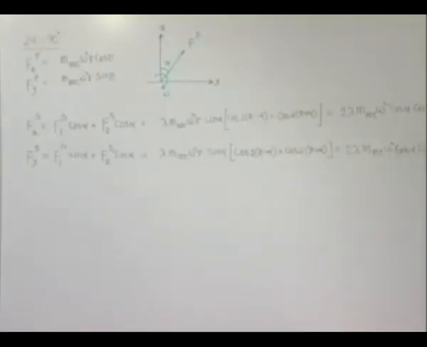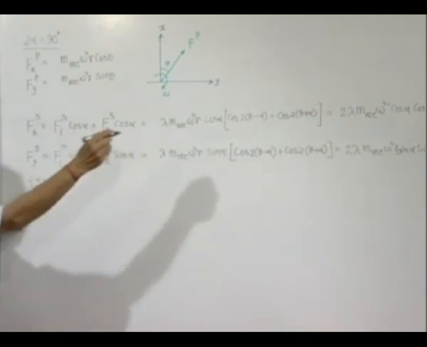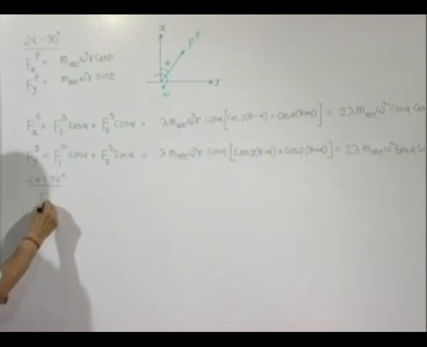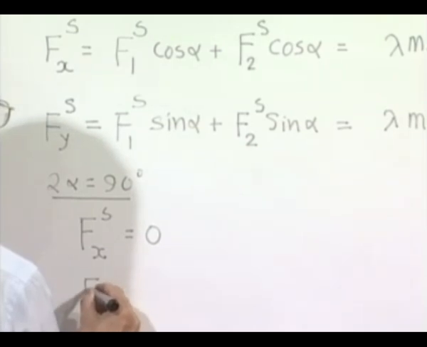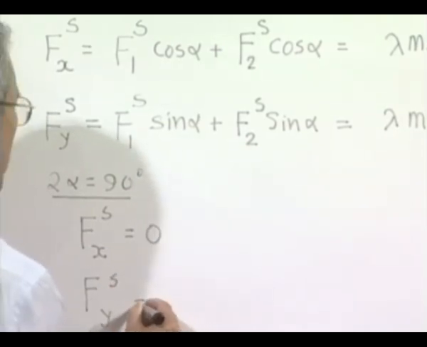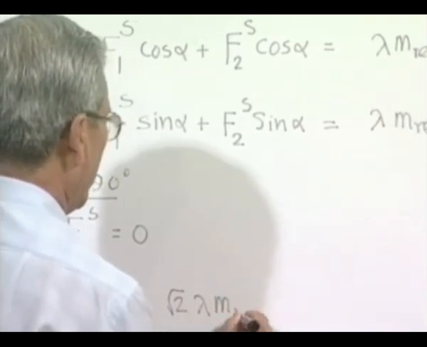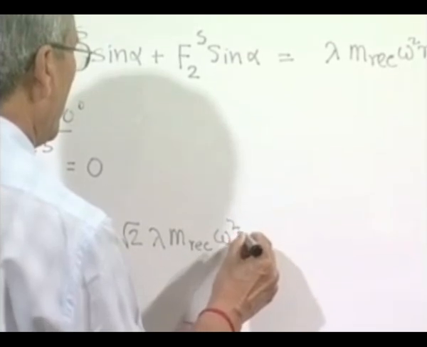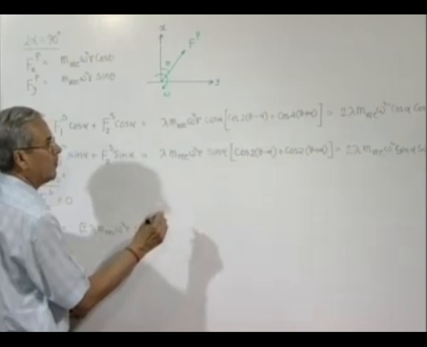So again for a 90 degree engine, we find that when 2 alpha is 90 degree, F x s is simply 0 and F y s is root 2 lambda.